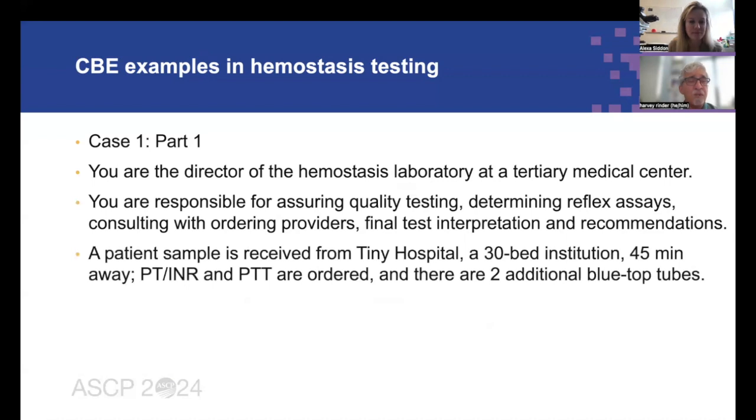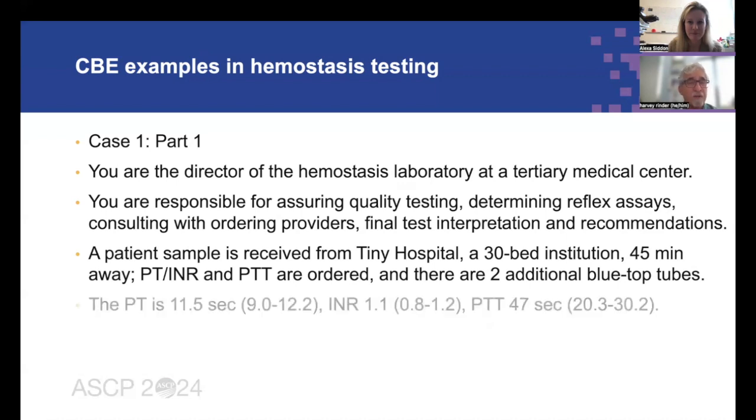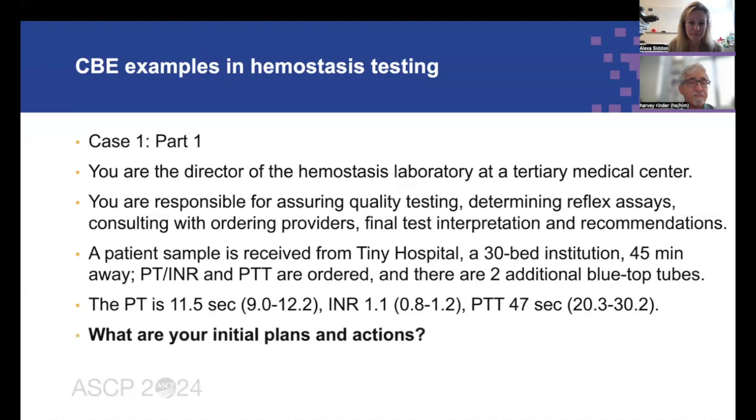A patient's sample is received from Tiny Hospital, a 30-bed institution that is 45 minutes away. PT-INR and PTT are ordered, and there's an inclusion of 2 additional blue top tubes, just in case more testing is required. The PT is 11.5 seconds, which, as you can see, is within the normal reference range, as is the INR at 1.1, but the PTT is prolonged at 47 seconds, well above the upper limit of 30.2 seconds of the reference range.